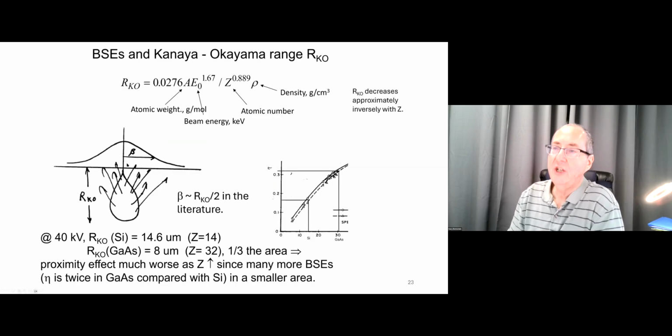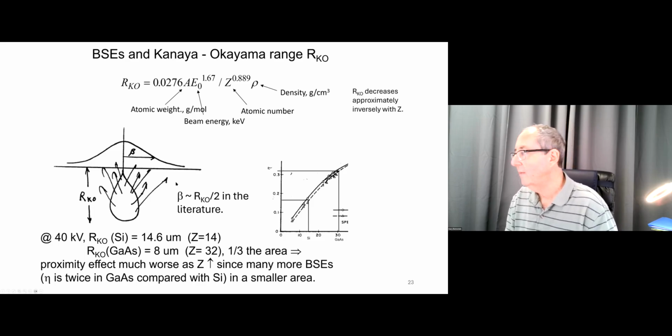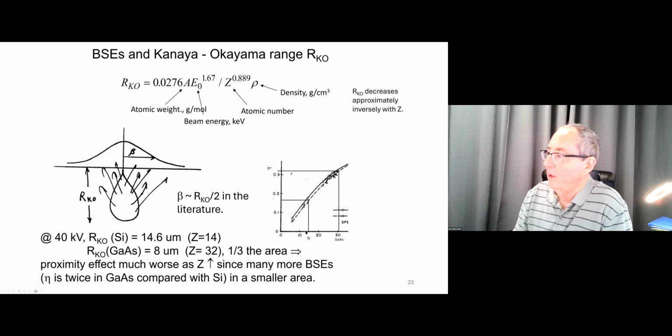The distribution is generally regarded to be a Gaussian with some half-width beta, and beta is generally taken to be R_KO over 2. So it's like you take this distance, turn it sideways, and put it here. Okay. There are some numbers here which I'm just going to skip, but I do want to do a comparison between silicon and gallium arsenide.